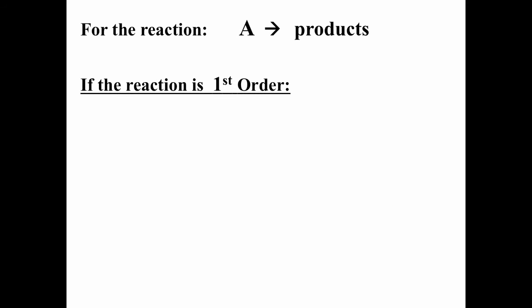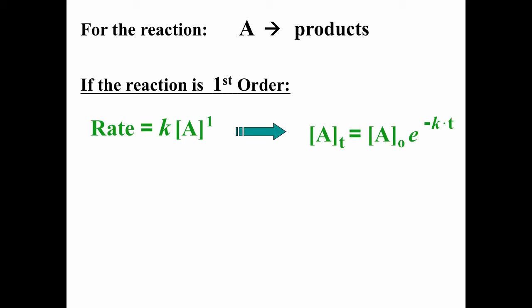Now, if the reaction is first order, then we have rate equals k times A to the first. This requires calculus to show the next step, so I'll just give the result. But it turns out that if we have a first order rate law, then the concentration of A at some time is equal to the initial concentration of A times e to the minus kt, where again k is the rate constant and t is the amount of time that has elapsed.